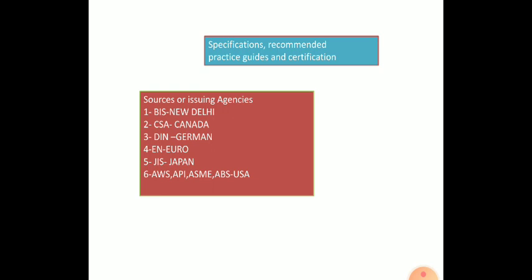So these are the codes, followed by the various associations like the Canadian, British and American welding societies. Now we talked about code; now we are going to the standards. So what is a standard?